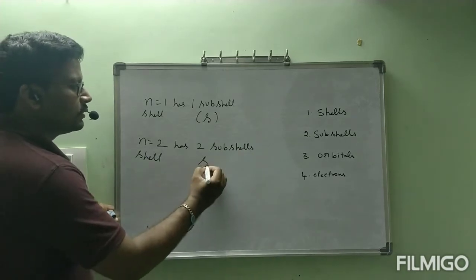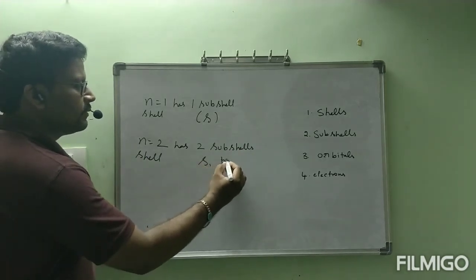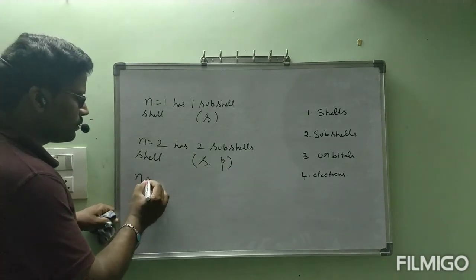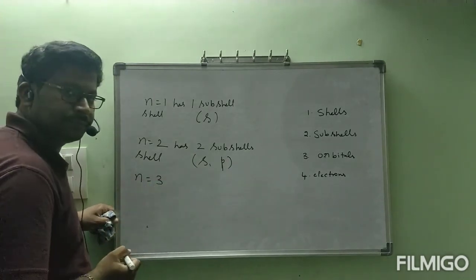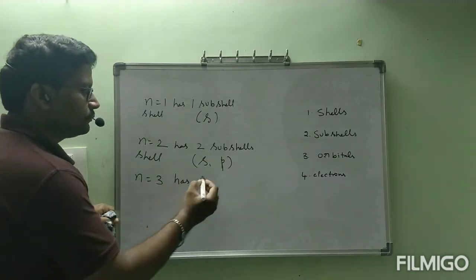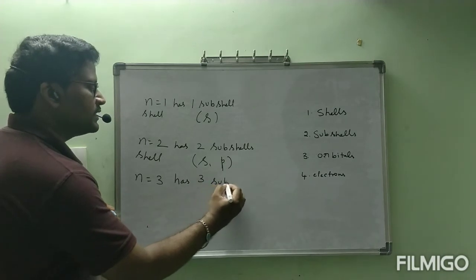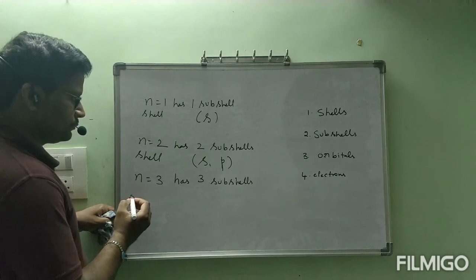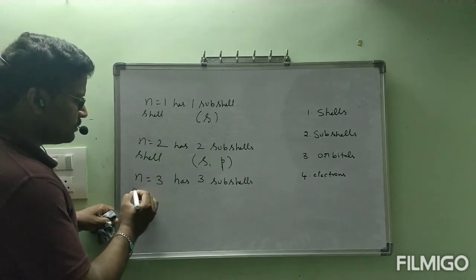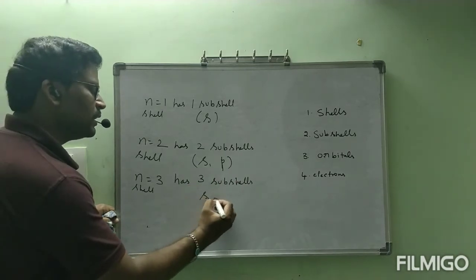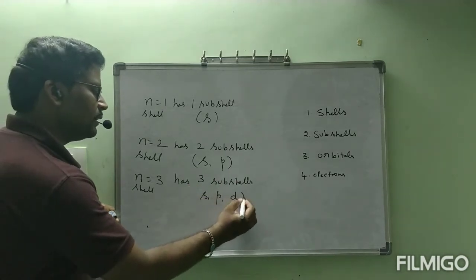Those are s, p. Next, n is equal to 3 has 3 subshells. Those are s, p, d.